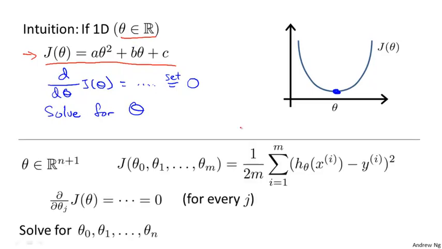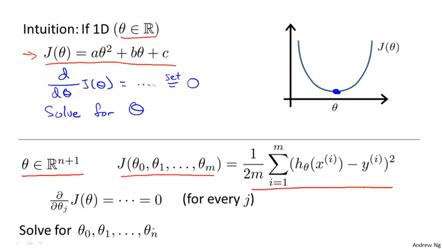In the problem that we're interested in, theta is no longer just a real number, but instead is this n plus 1 dimensional parameter vector. And our cost function J is a function of this vector value, theta 0 through theta n, and the cost function looks like this sum squared cost function on the right. How do we minimize this cost function J?